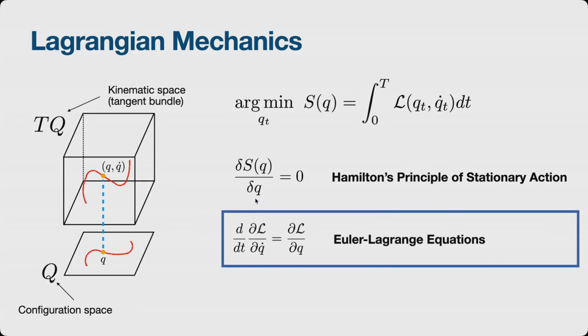This means that at every instant along the path, the Euler-Lagrange equation must be satisfied. That is, the time derivative of partial L over partial q dot equals partial L over partial q. So Hamilton's principle of stationary action and the Euler-Lagrange equation can be seen as the same statement in two grammars.